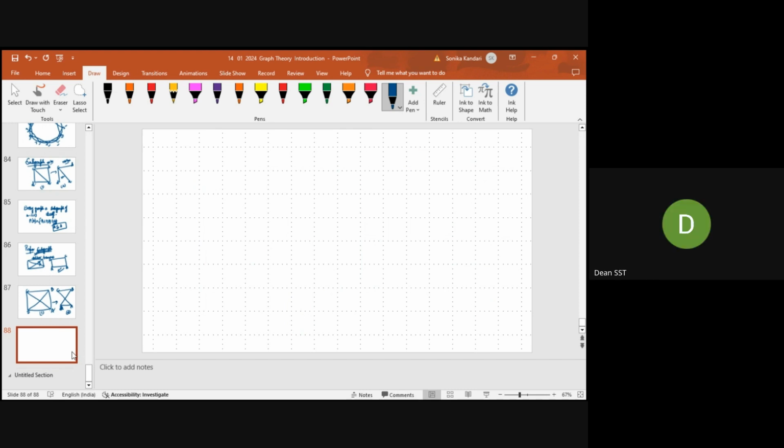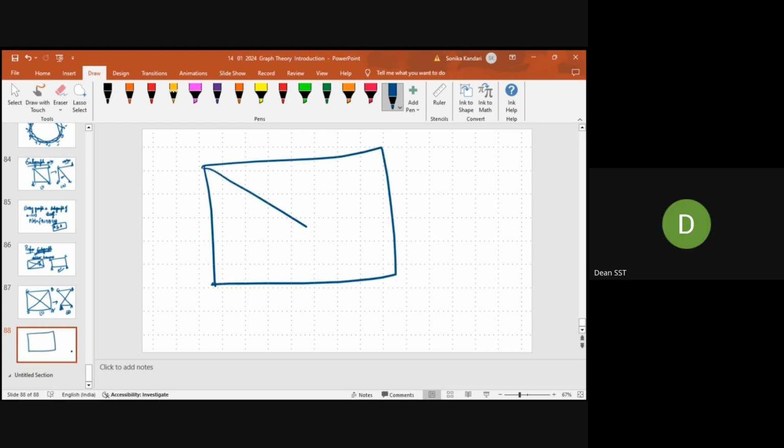So I will give you one assignment. May I give you one assignment? Find all possible subgraphs of this graph.